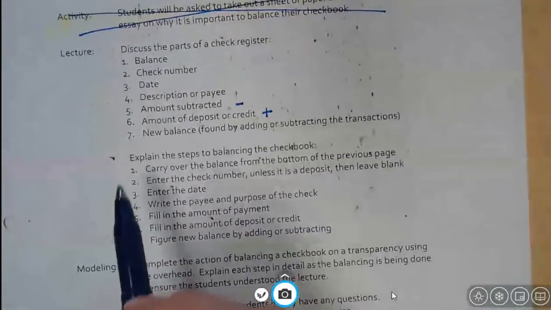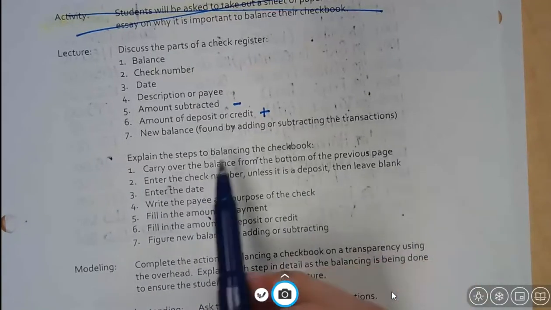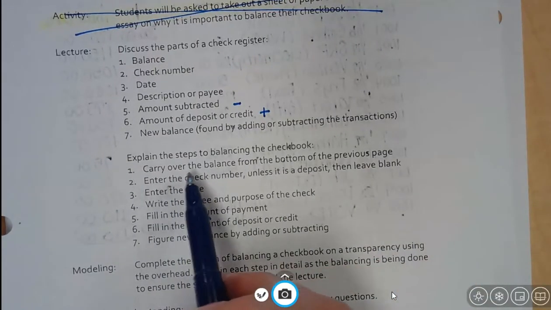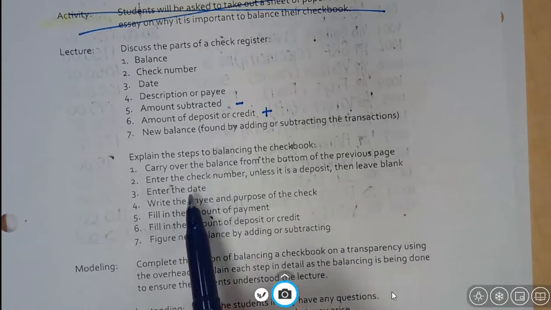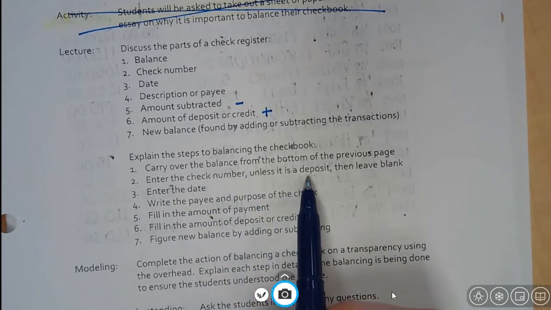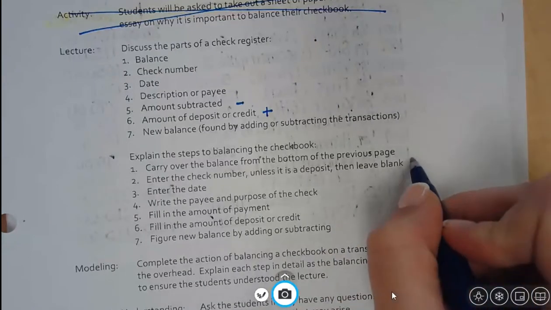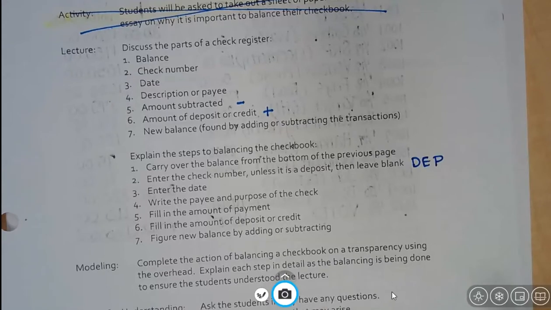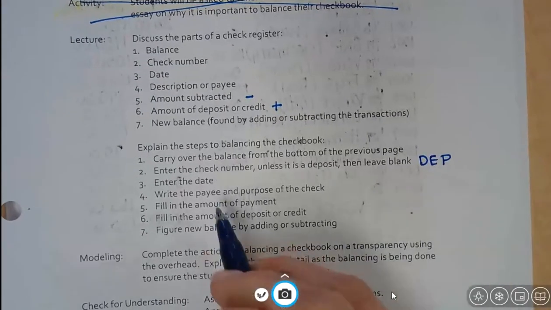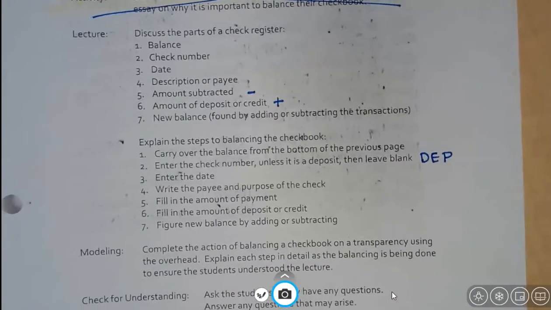We will explain the steps for balancing the checkbook, such as what you do when you carry over the balance from the bottom of the page to the next page. We'll enter the check number unless it's a deposit. Then we'll either leave it blank or some people write in DEP for deposit. And then we'll go through the rest of these things as well.